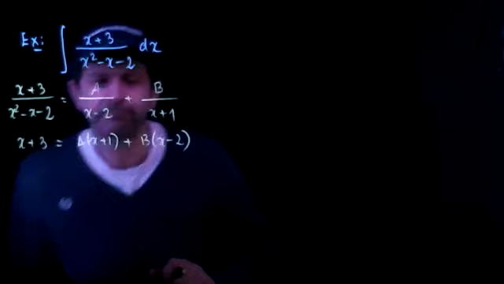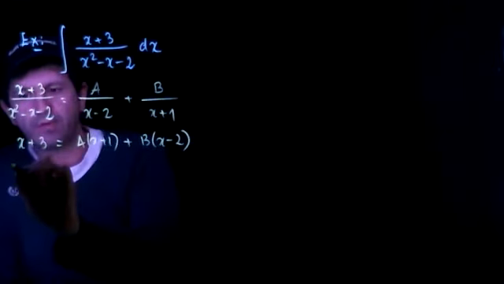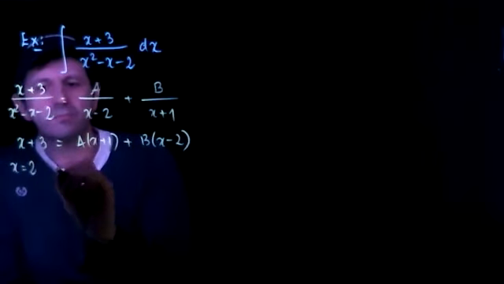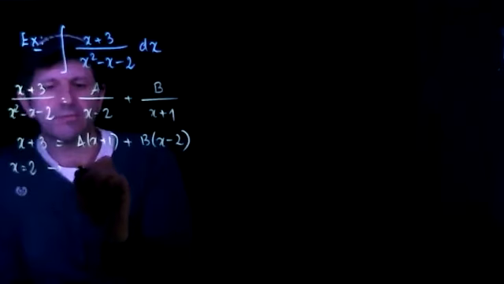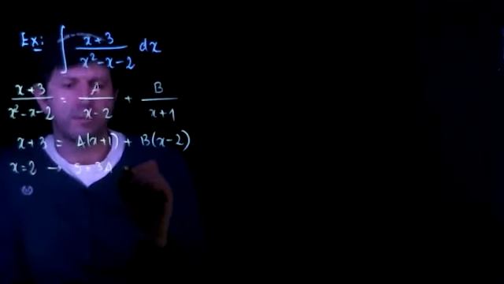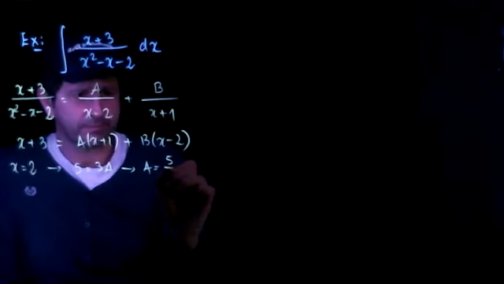Okay, this is for all x. So let's plug in the value of x. Let's say x is equal to 2. This means that 5 is equal to 3a, and so a is 5/3.